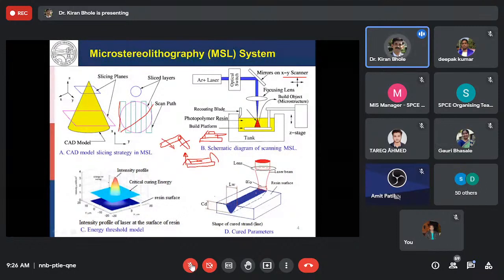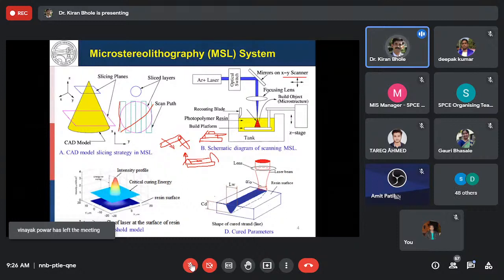Sometimes, if the component is vertical in nature, we can have coarse slicing for faster production, because the lateral surface is vertical. Then we can go for coarse slicing. But the coarse slicing again cannot be of any distance. This is the limitation.